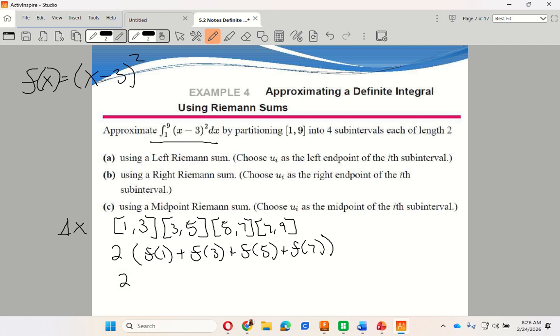So it's 2 times, and then it's 4 plus 3 minus 3, which is 0. 0 squared is 0, plus 5 minus 3 is 2. 2 squared is 4, plus 7 minus 3 is 4. 4 squared is 16. So I have 24 times 2, which is going to give me 48 units squared.